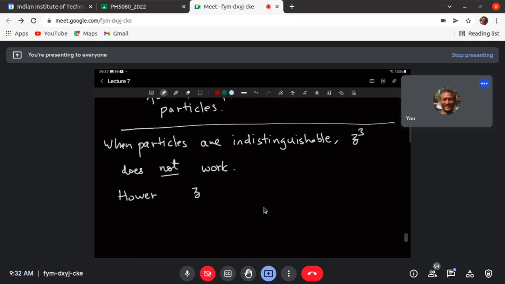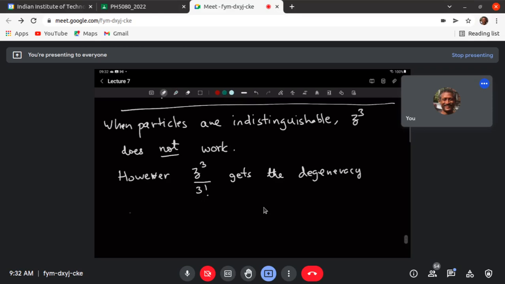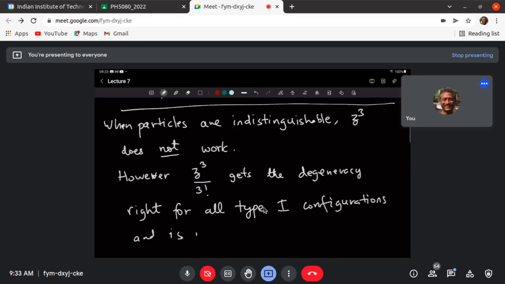However, Z cubed, power 3 factorial, gets the count or the degeneracy, and is wrong for type 2 and 3.